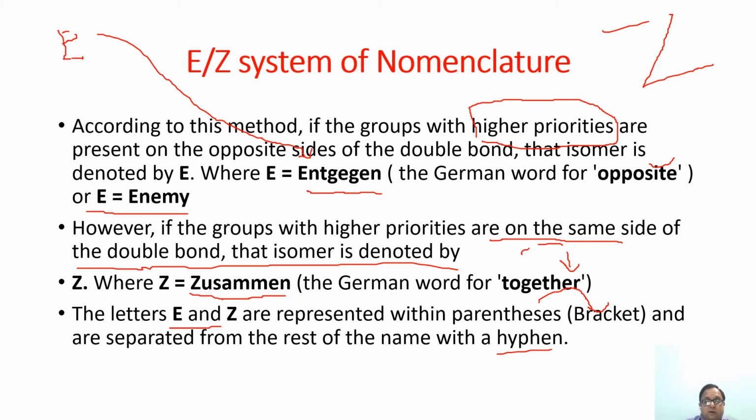For Z, they must be together, or on the same side of the double bond. Both letters E and Z are represented within parentheses and separated from the name of the structure with a hyphen.